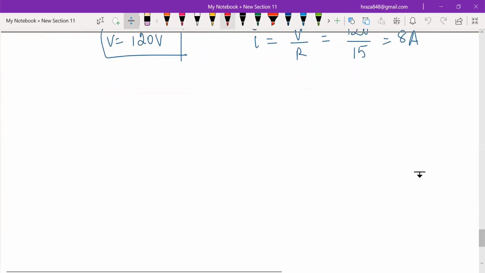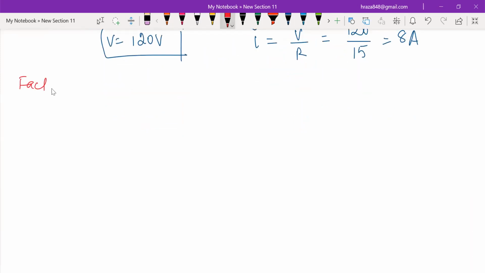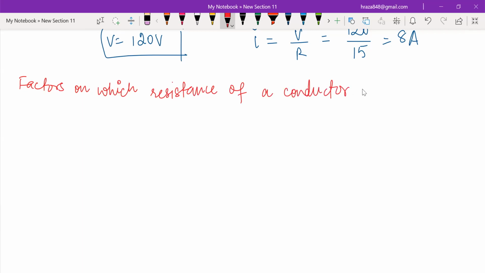I'll check it. Okay. Factors on which resistance of a conductor depends. Do I need to write this? Yeah, this is a topic. Please do write.